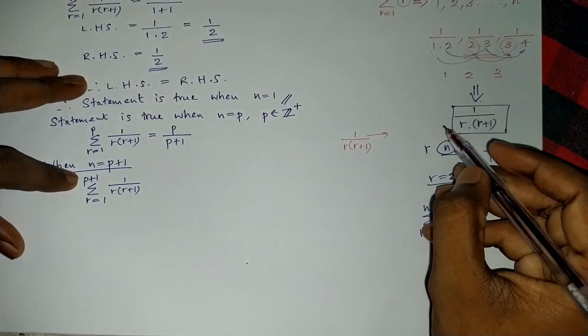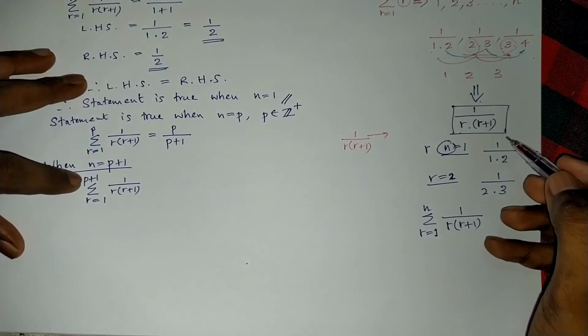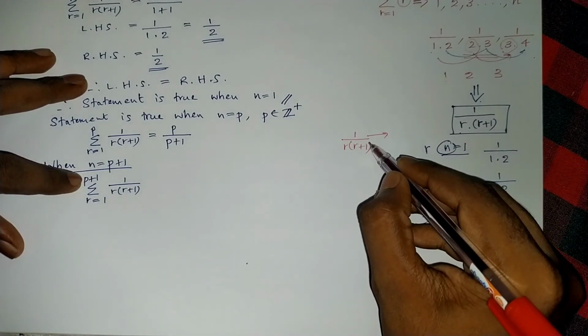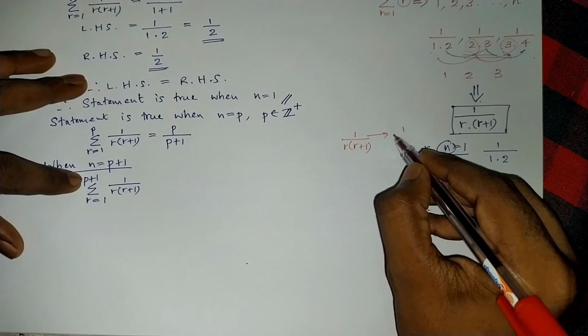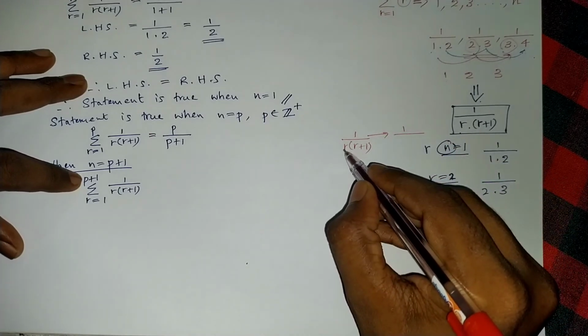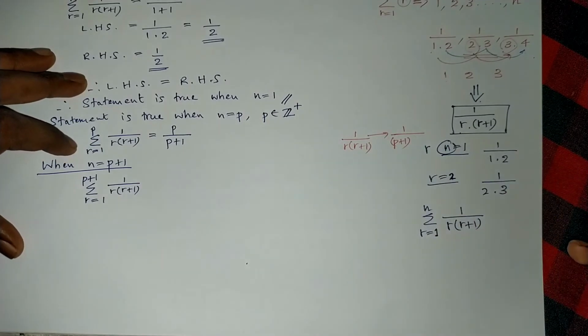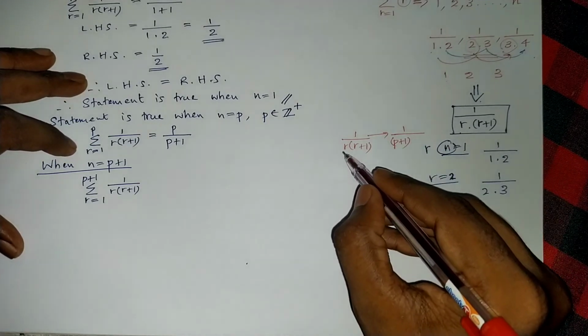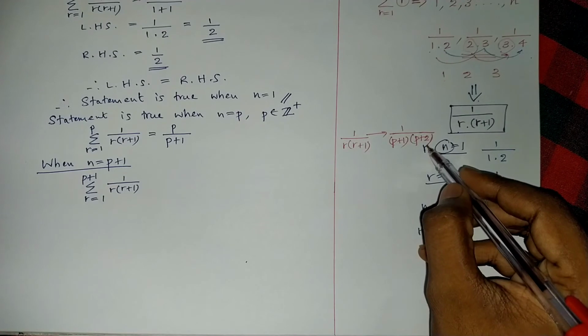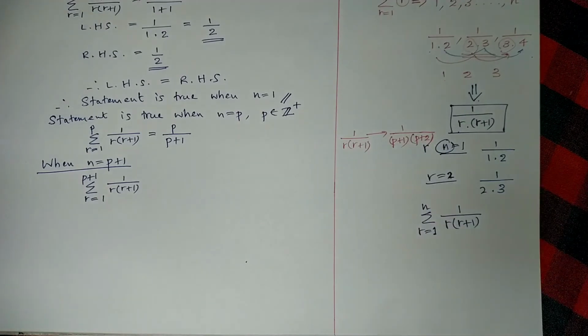So this goes to p plus 1. That means in this term we have to replace our r values by p plus 1 to obtain the p plus 1th term. This is p plus 1. This becomes p plus 2.